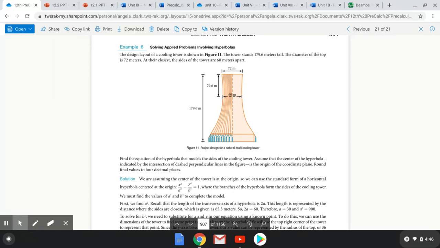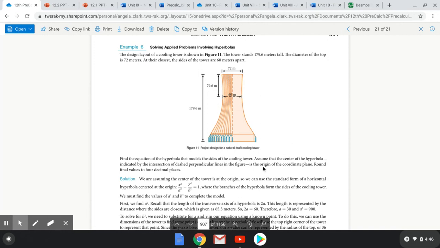Just like we've done previously, if we assume that the center is at the origin, it makes our calculations easier. In word problems, we can just make that assumption, and then we don't have to worry about shifting anything. It makes our lives simpler, so we're doing that.